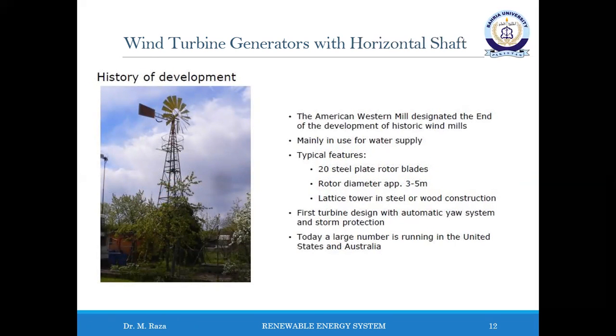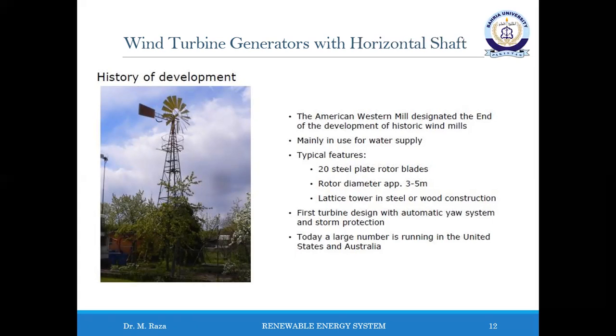The last type of historical windmills is the American farm windmill, which is also known as the Western mill, developed in the mid 19th century. The Western mill was mainly used for providing drinking water for both people and cattle in North America. Moreover, it assured the water supply for the steam locomotives of the new railway expanding into the west.